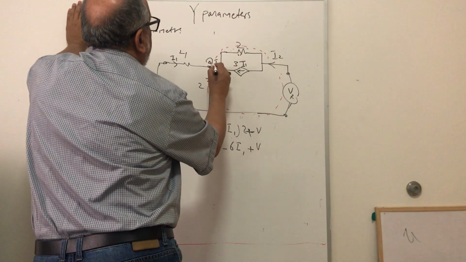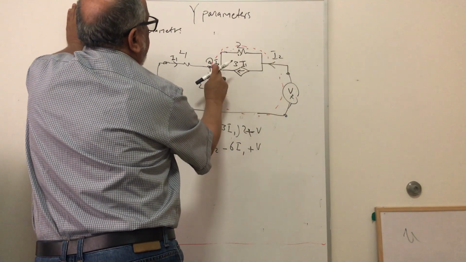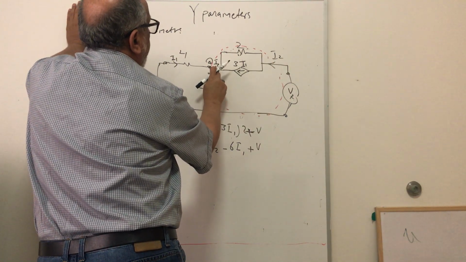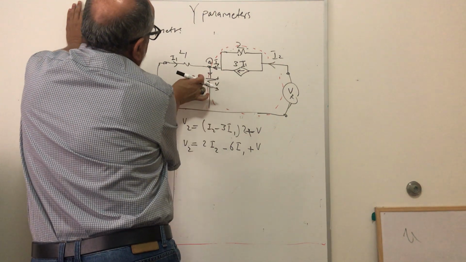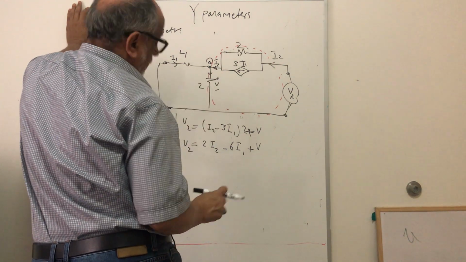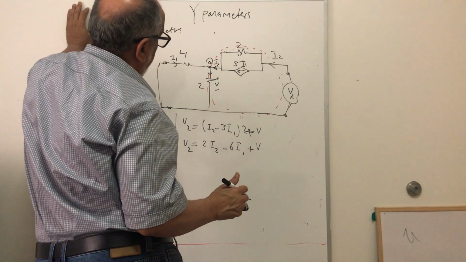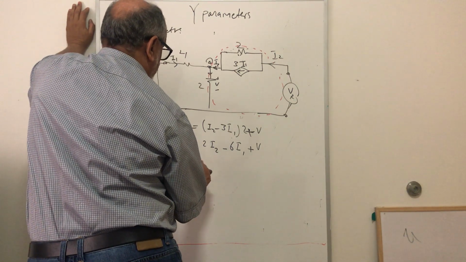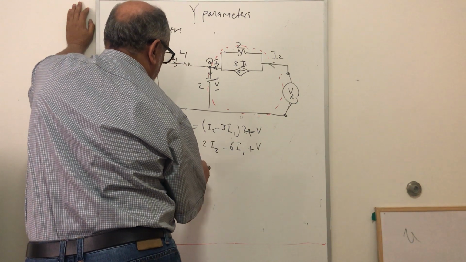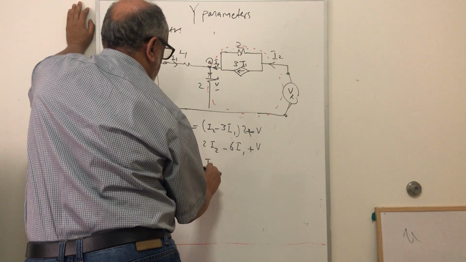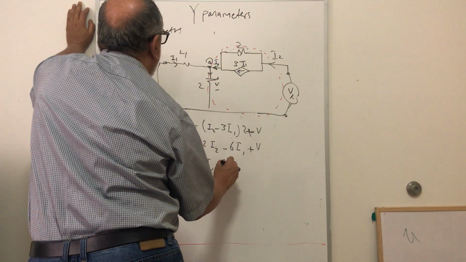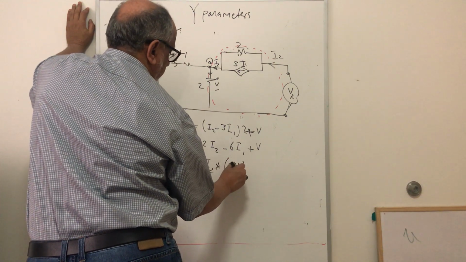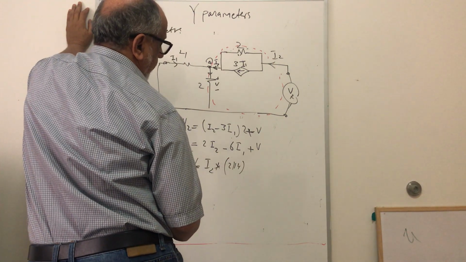But what is V? The current entering here is I2, so it must leave here as I2. So these two are combined in parallel. Sorry, so you can say V is equal to I2 into the parallel combination, which is 2 in parallel with 4, that is 8 over 6.